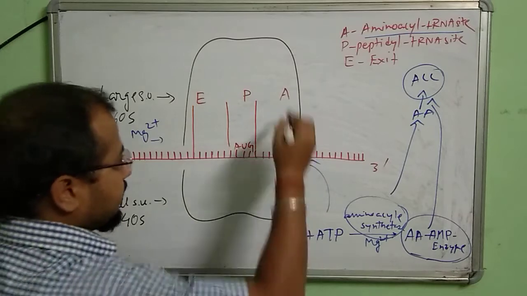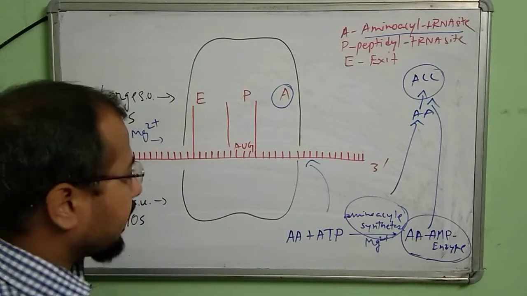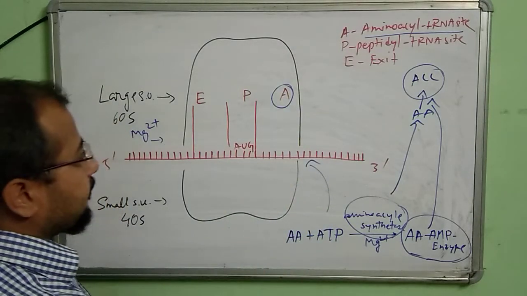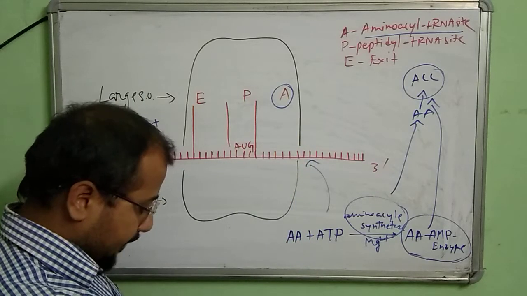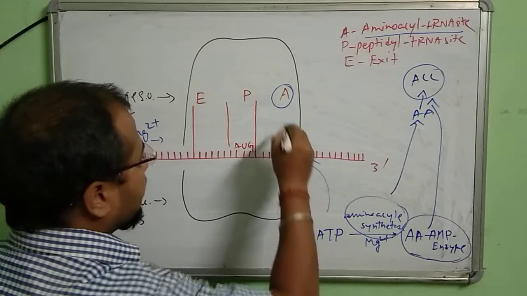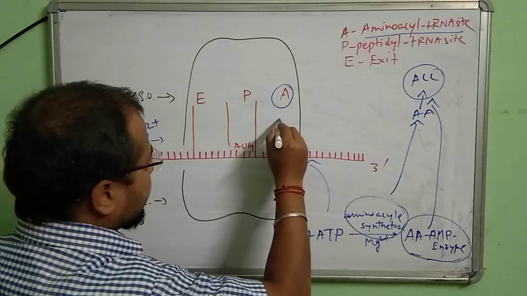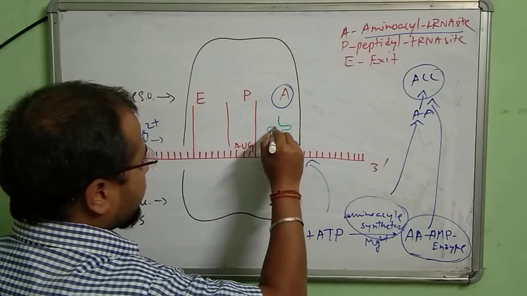Now you see, first it is the A site. So this amino acid tRNA first comes at this site. I am denoting that complex with the help of this green color. I am just showing a simple version to make you understand.